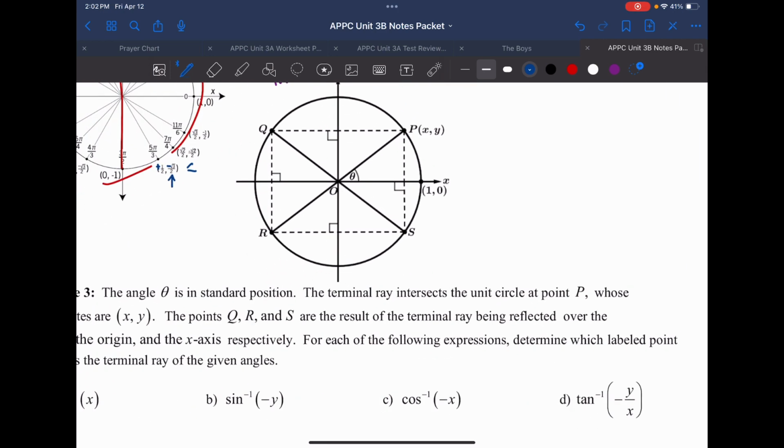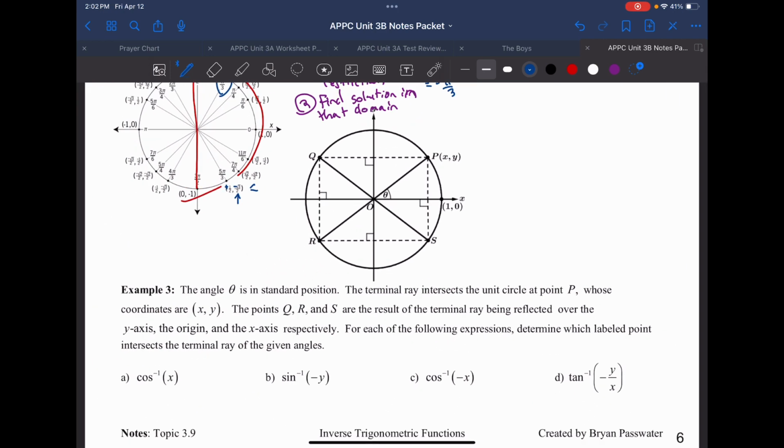Another example here, we have the angle theta in standard position. The terminal ray intersects the unit circle at point P, whose coordinates are x, y. The points Q, R, and S are the result of the terminal ray being reflected over the y-axis, origin, x-axis. For each of the following expressions, determine which of the labeled points intersects the terminal ray at the given angles, okay?